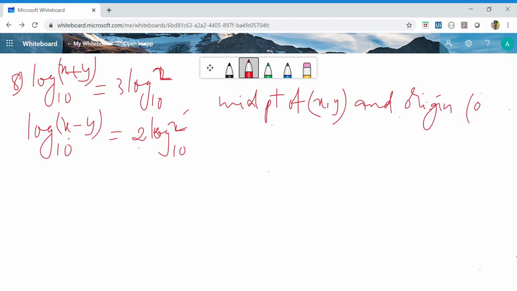Origin is nothing but 0 comma 0. So it is a connective question with logarithms and coordinate geometry.